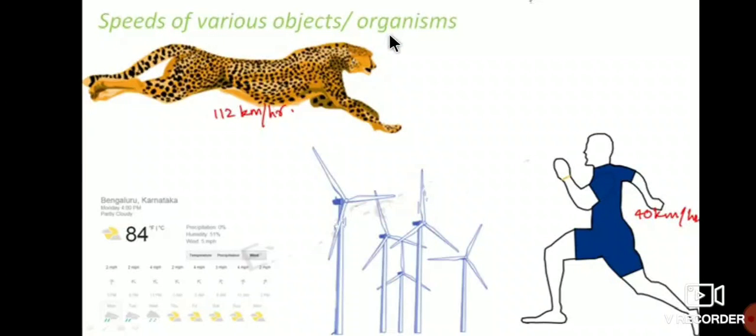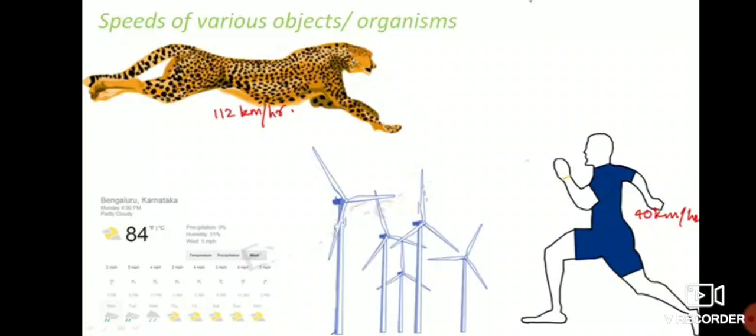Speed of various objects: different objects have different types of speed on the basis of their energy. Human beings in athletics generally run 40 kilometers per hour. Animals like the cheetah, and many different animals, run very fast. Some organisms have high speed and some have very low speed.